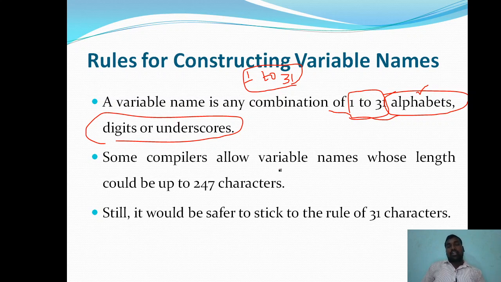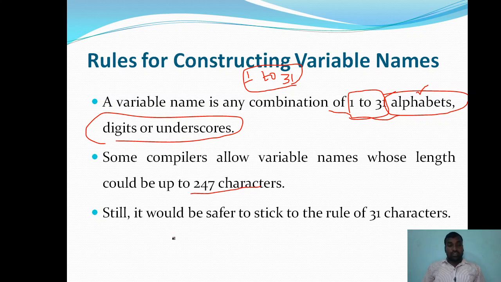Some compilers allow variable names whose length is up to 247 characters. It depends on the platform, the operating system, 64-bit or 32-bit operating system, Linux, Unix operating system, like that. So it depends on the hardware configuration.